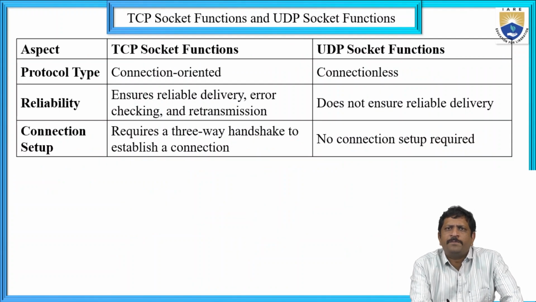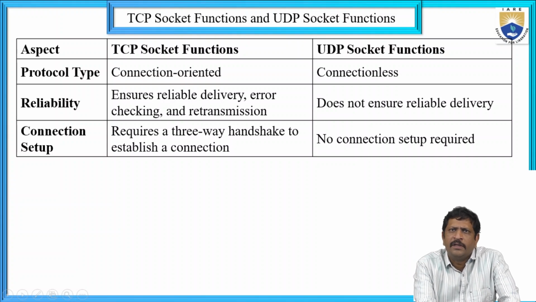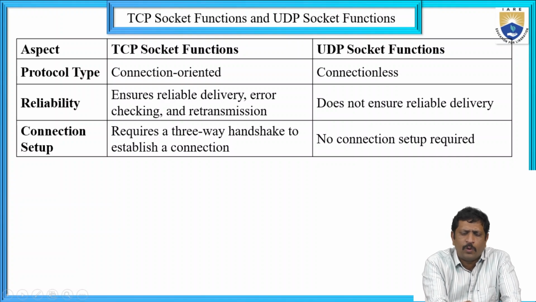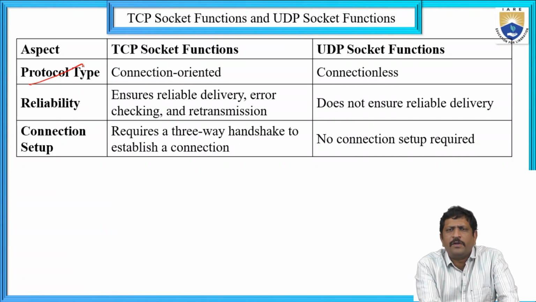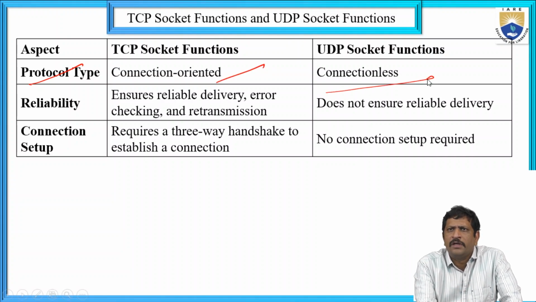Here are the main differences between TCP socket functions and UDP socket functions. In terms of protocol type, TCP is connection oriented and UDP is a connectionless protocol. Without a connection, we can establish communication between the two devices.